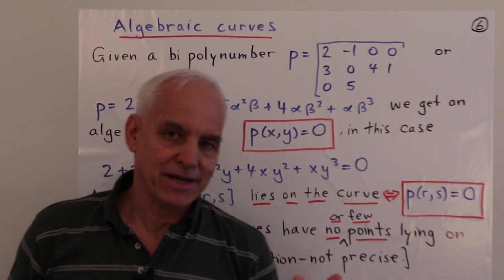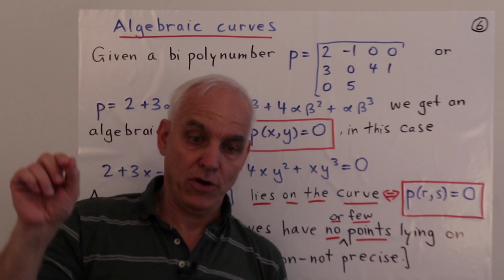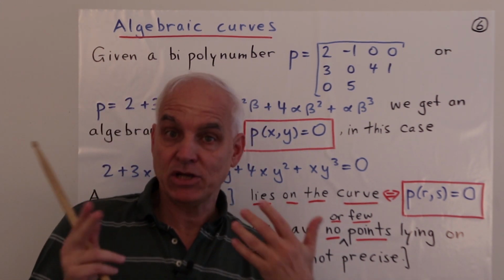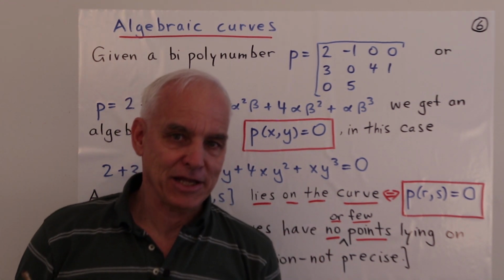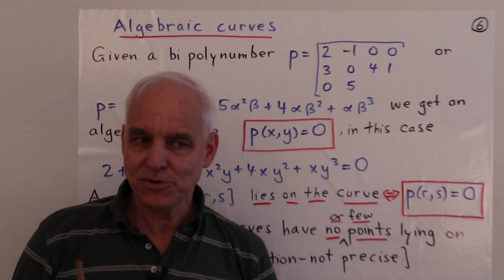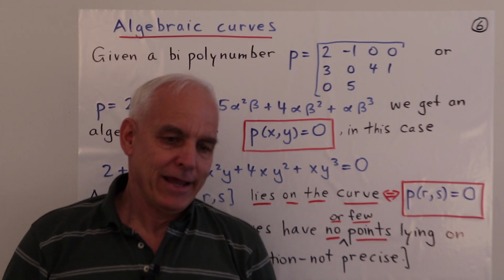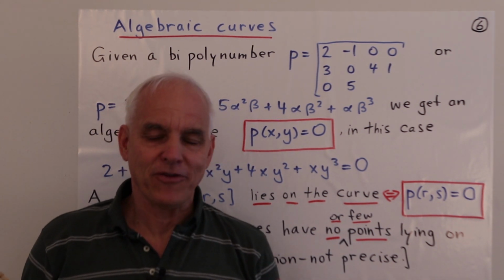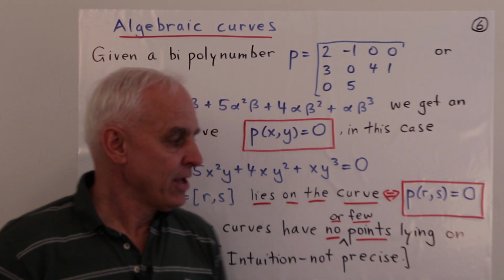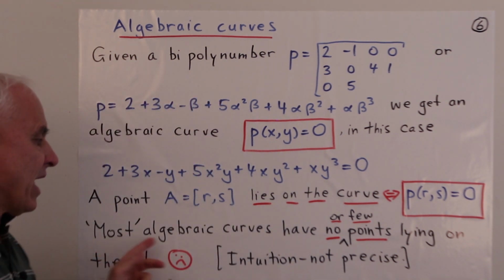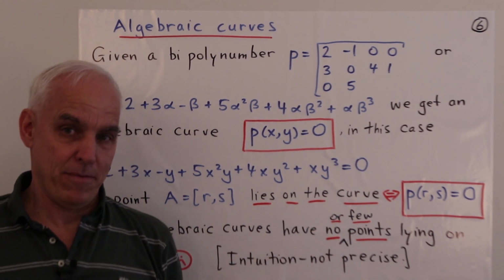And then generally the idea, what we're used to, is that we can then plot the points that lie on the curve and we would get a picture for the algebraic curve. That's the kind of thing that we can do very easily for lines. And we can do it generally for conics too. But unfortunately, the general story is much, much more complicated than that. We have to be honest. The reality is that most algebraic curves have no or few points lying on them.